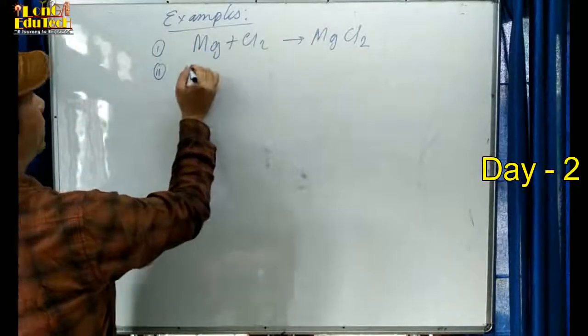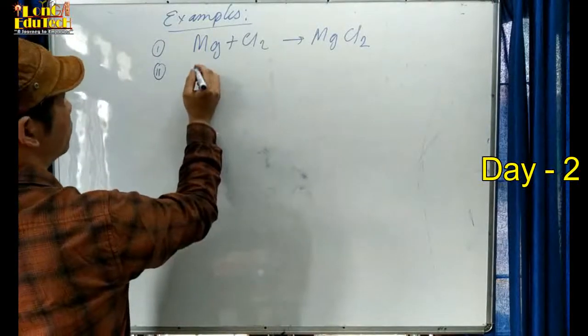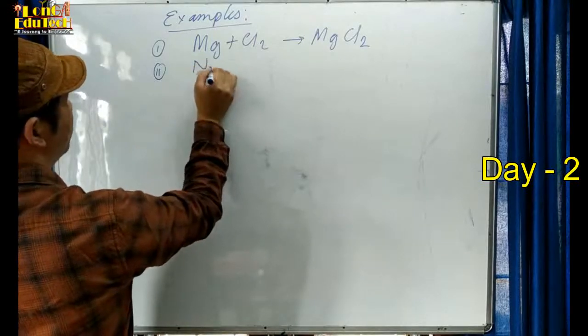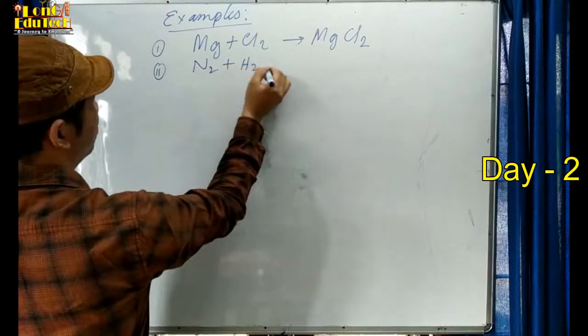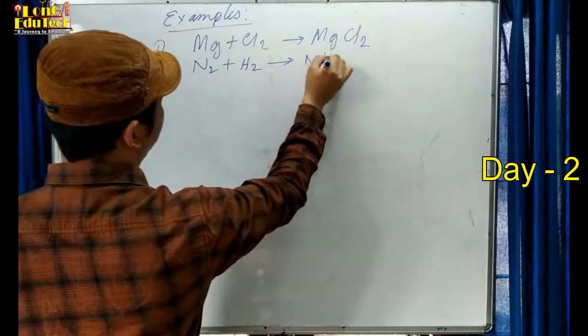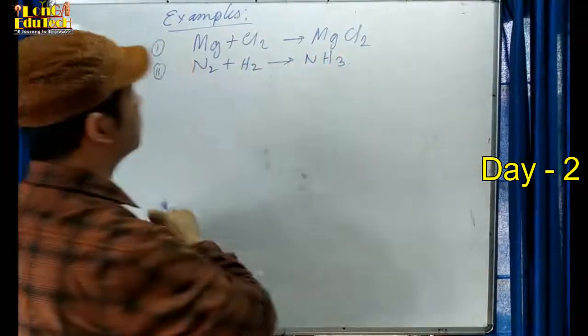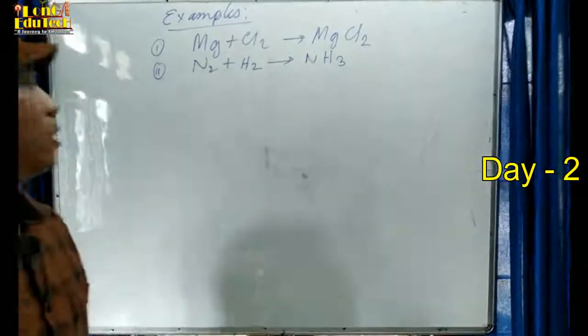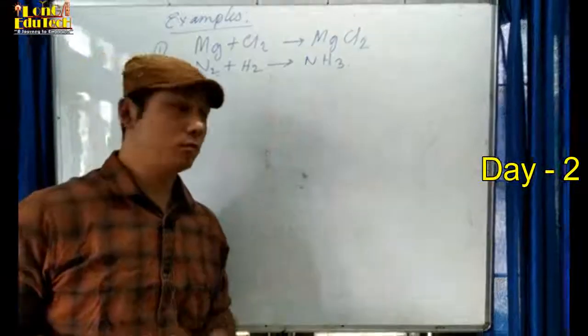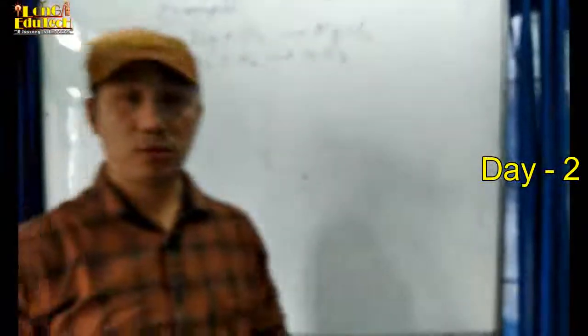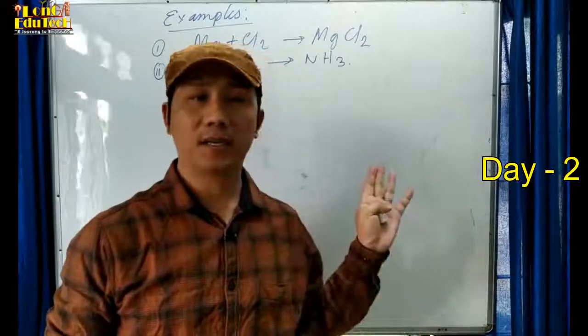Second one, let us discuss some more examples. Say nitrogen plus hydrogen to form NH3. So we'll balance it. Okay, I have some new methods also, but let us see.